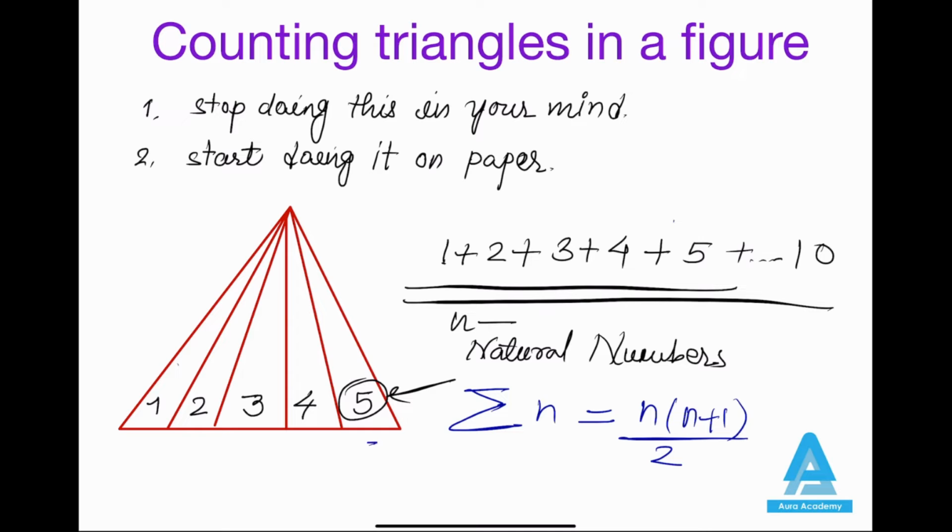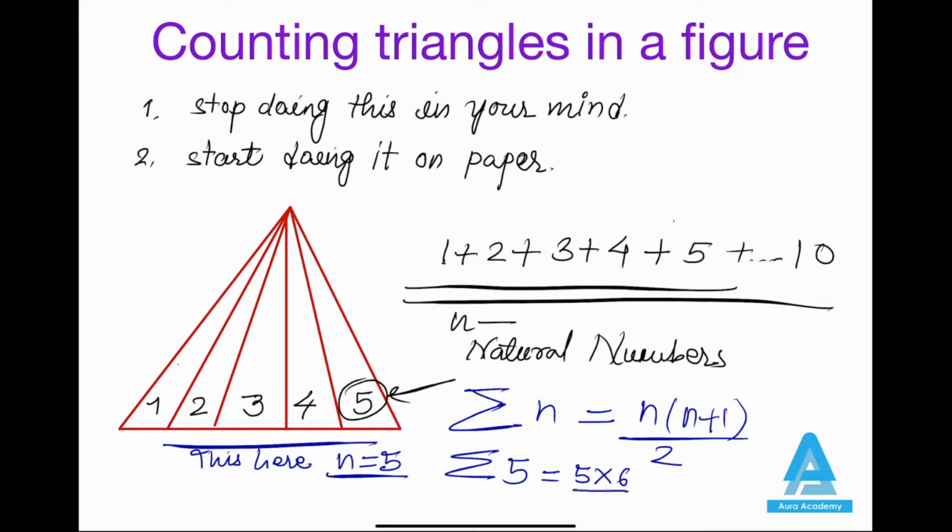So in this question, our n is equal to 5, right? So the summation for n equal to 5 is 5 into 6 divided by 2, that is 15.